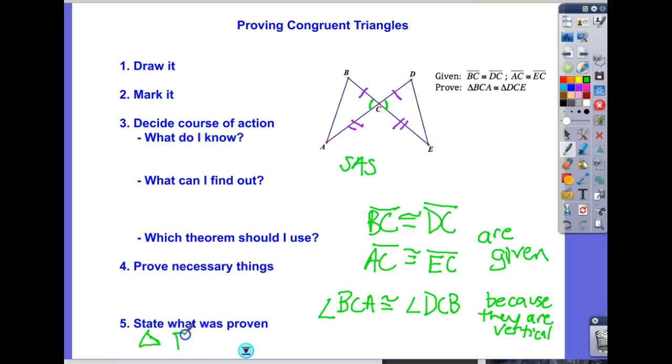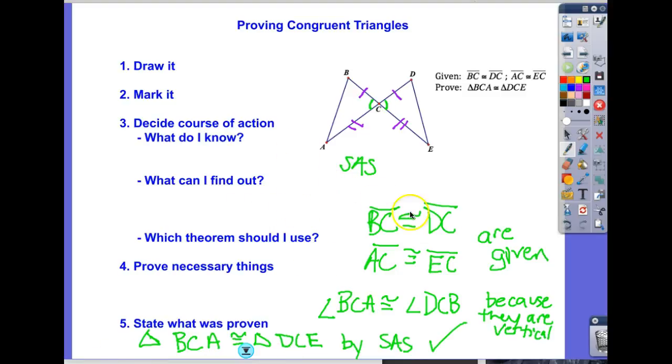Triangle BCA is congruent to triangle DCE. Remember to make sure that these are going in the right direction. So I did BCA and DCE. Those are the ones that are congruent, by side, angle, side, and you're done.